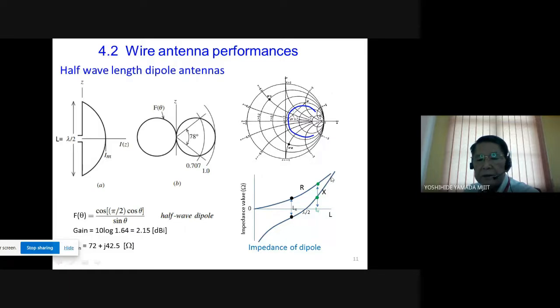This part is inductive and this part is capacitive. So in the very small size, very large capacitive and small resistance. That is understood from this L dependence of antenna impedance.